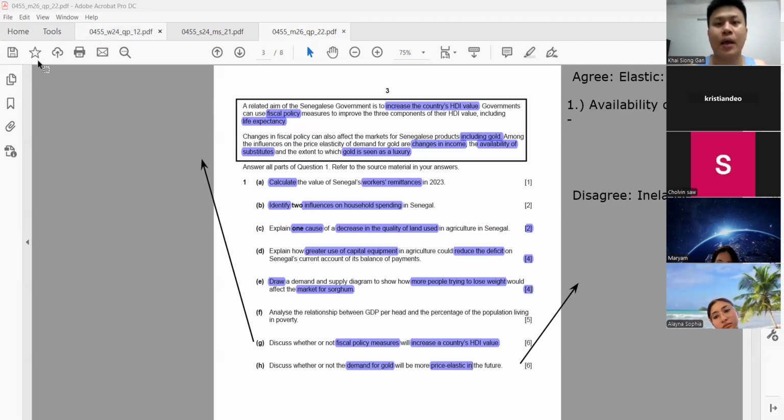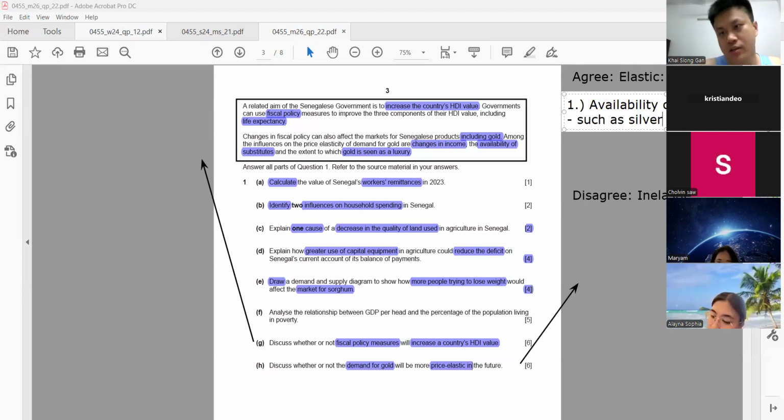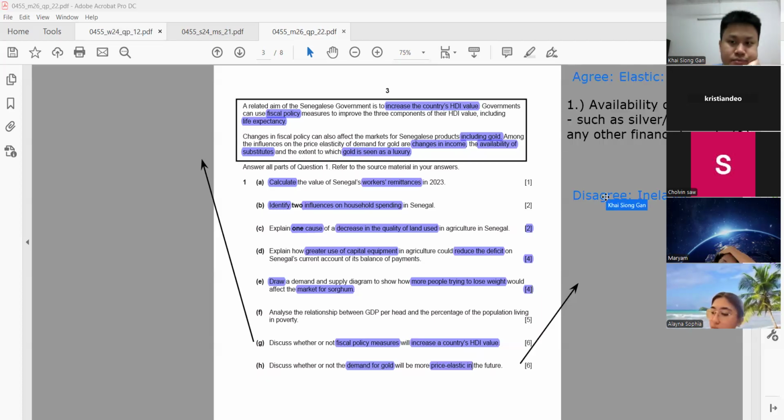So you can say maybe in the future there are other substitutes that can replace gold, such as silver, or other assets. Any other financial assets? You wouldn't know. Maybe there are other financial assets. Okay, that's one answer. 2 marks ready.